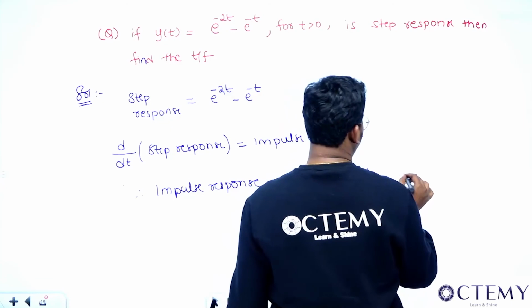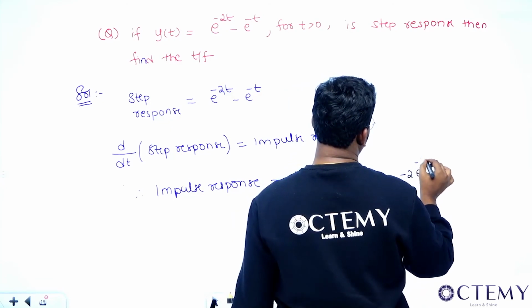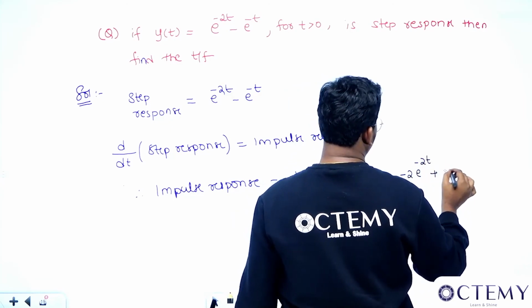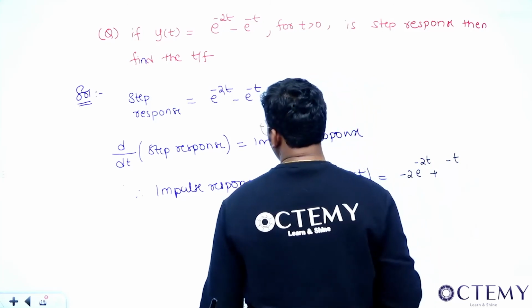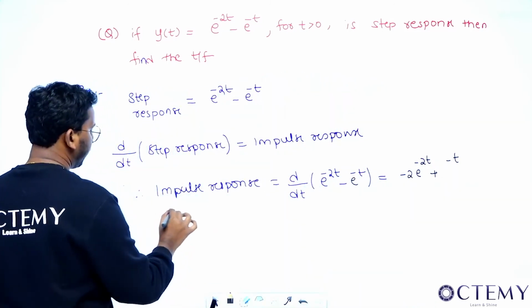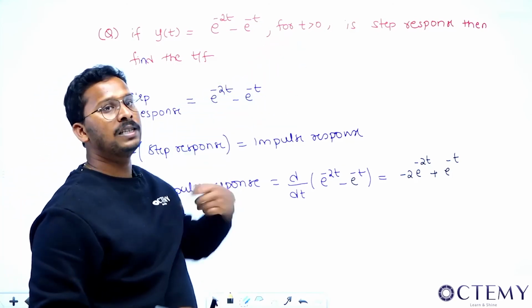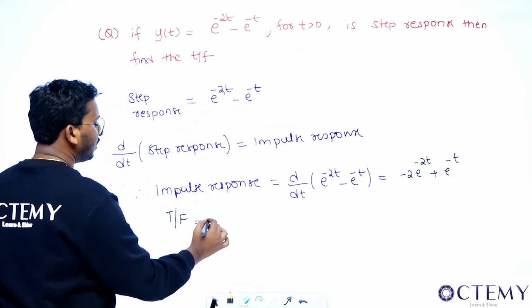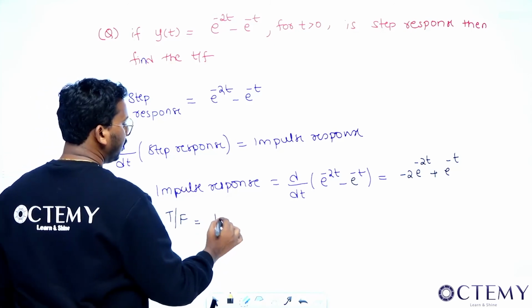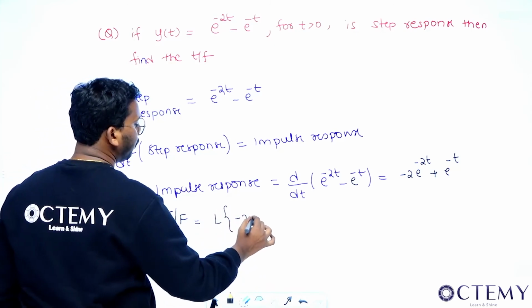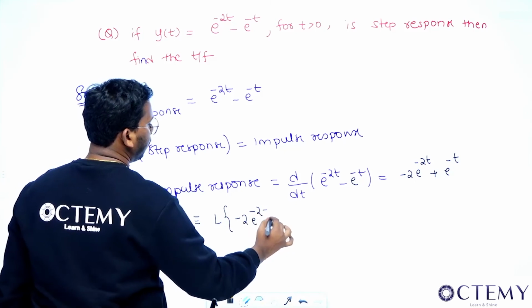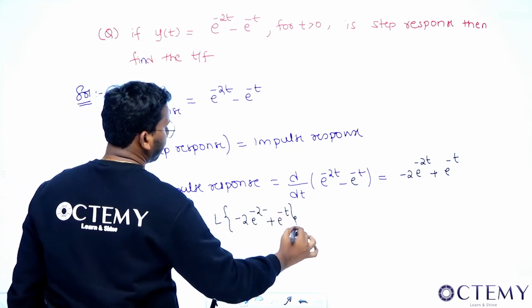That will become minus 2 into e power minus 2t plus e power minus t, right? Now transfer function is equal to what, sir? All of this is happening for t greater than 0. That means there is u(t) already there, sir. That means transfer function is equal to Laplace of minus 2 e power minus 2t plus e power minus t.